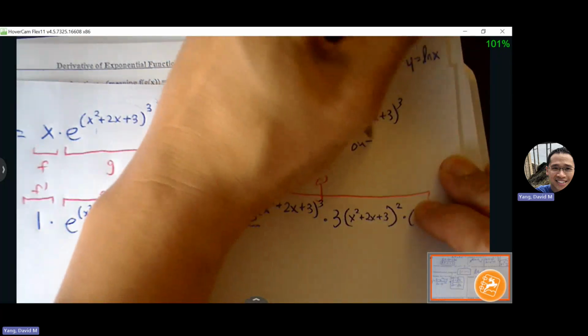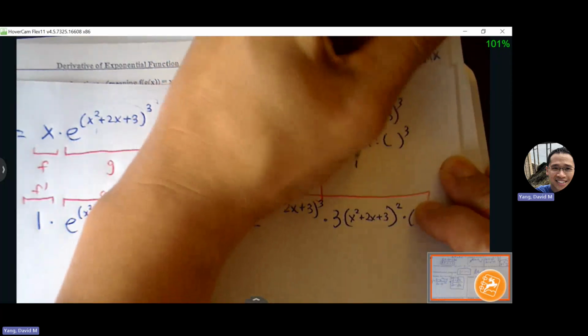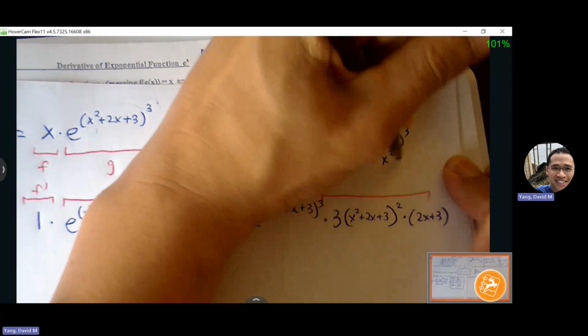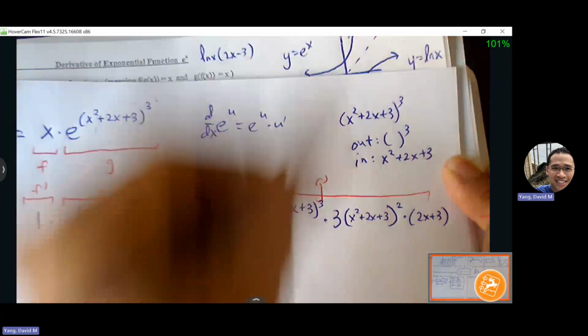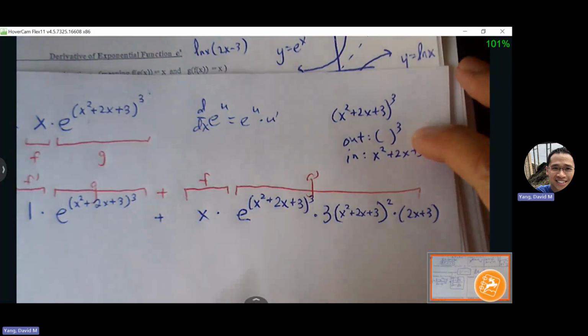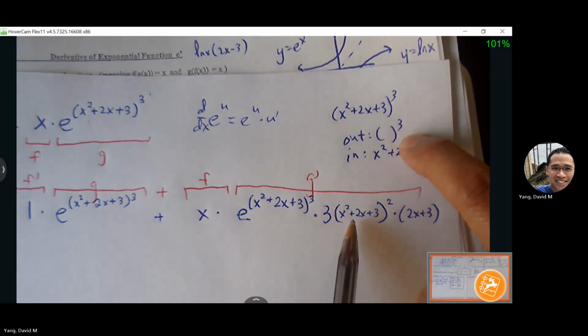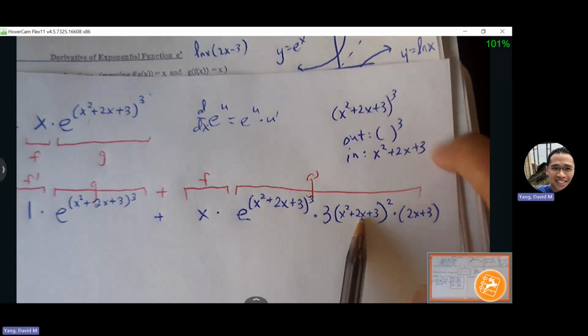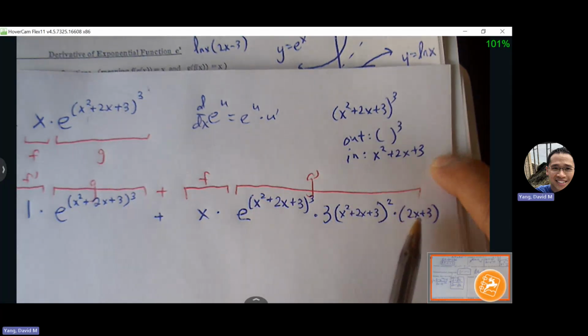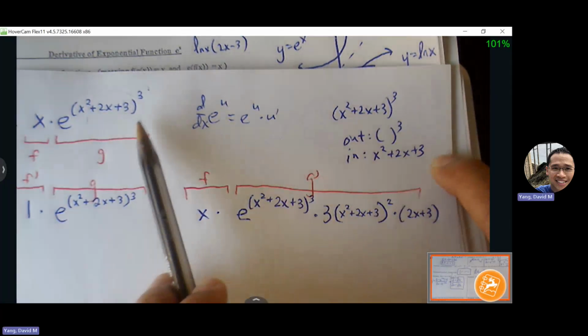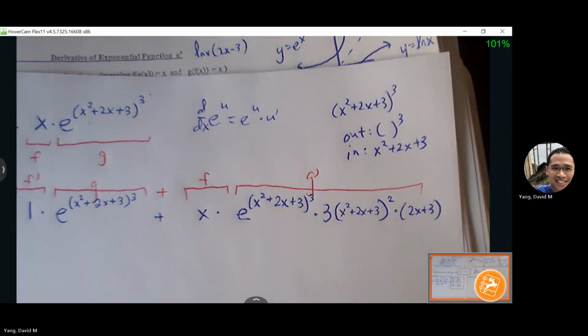The outside portion would be parentheses cubed. The inside portion would be x squared plus 2x plus 3. Then we have to go through that whole chain rule within this portion. So the outside derivative is 3 parentheses squared times the inside's derivative, which is 2x plus, oops, sorry, 2x plus 2, not 2x plus 3. The 3 goes away, and the 2x becomes a 2.